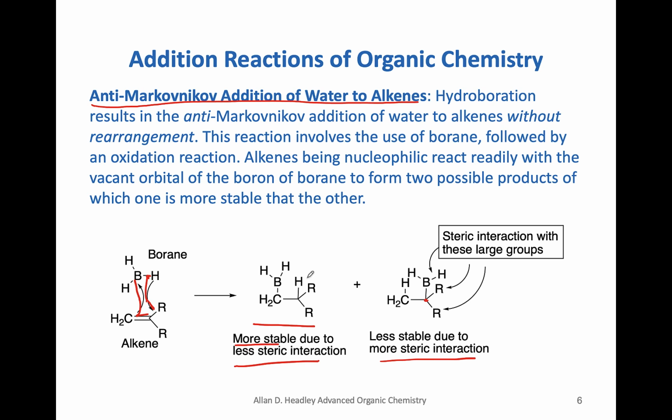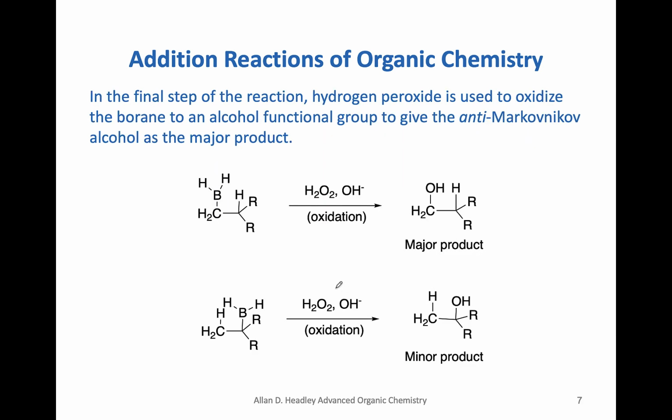So you would expect this to form in the majority compared to this other product. The next step, as you can imagine, is to get this off. We can get that off by an oxidation reaction in which H2O2, hydrogen peroxide, in the presence of base converts this into the OH. So this becomes the major product.